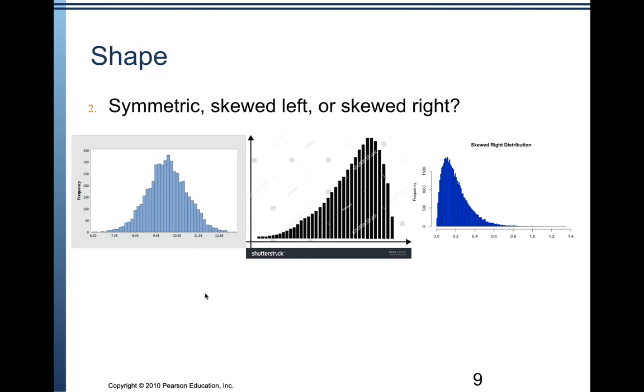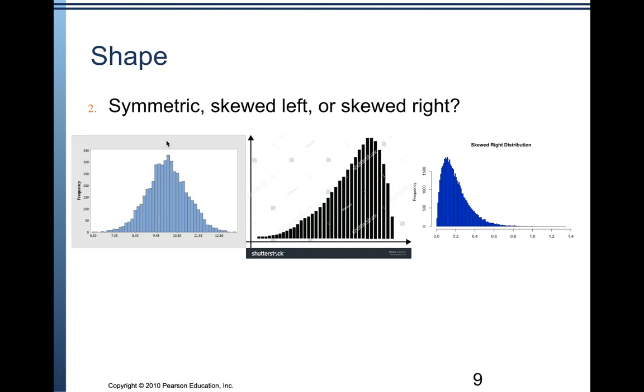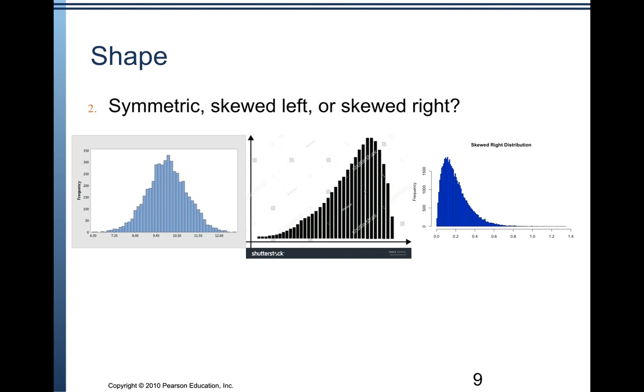So whenever you have any histogram that is either perfectly or pretty darn close to symmetrical, we would describe that as symmetric. So this particular histogram, we would say it's unimodal because it has one high point, and it's symmetric. You could also have data that is asymmetric, that is not symmetrical.